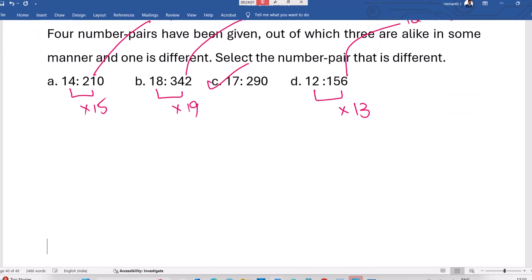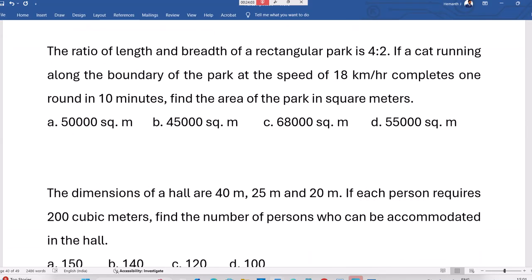Yes, sir, here speed is there, but don't worry. This is also related to area. Area of the park. Length and breadth are 4:2. In fact, nothing but 2:1. If a cat running along the boundary of the park at the speed of 18 km/h completes a round in 10 minutes.